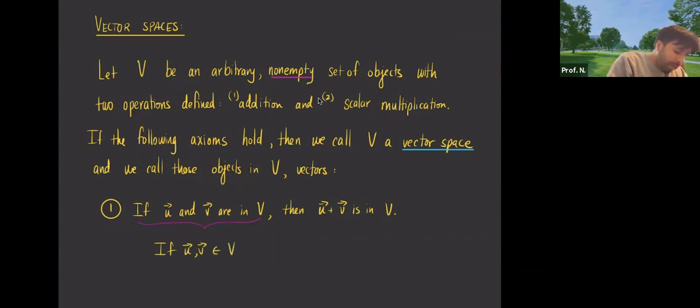So this little symbol right here just means belongs to. Some of you may have seen this already, maybe in discrete math. This little symbol, almost like an E looking symbol, means belongs to or is in.